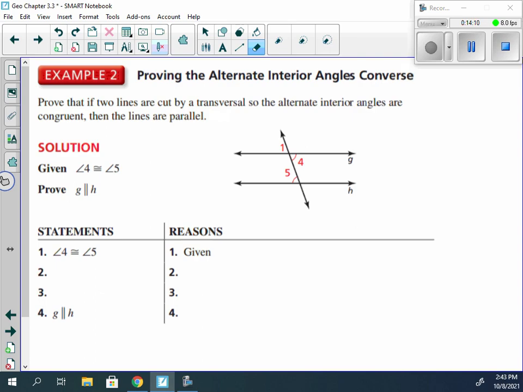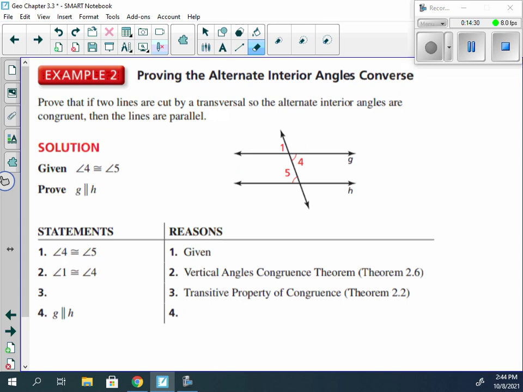So we're told that 4 is congruent to 5. Well, I also do know that 1 is congruent to 4 because they are vertical angles. Well, we said 4 is congruent to 5 and 1 is congruent to 4. So what can we say?